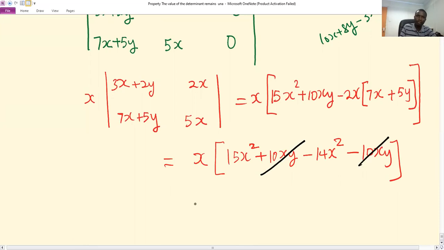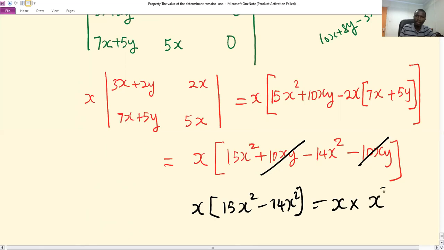So we'll have x into 15x squared minus 14x squared, which is x times x squared, and this would be x to the power 3. So that is how we prove that solution.